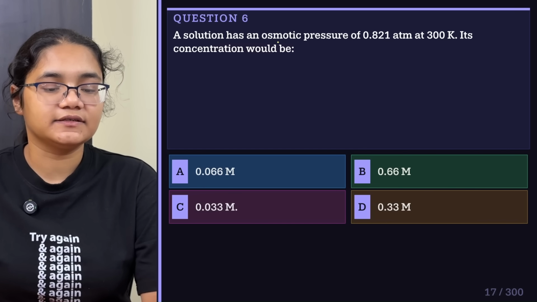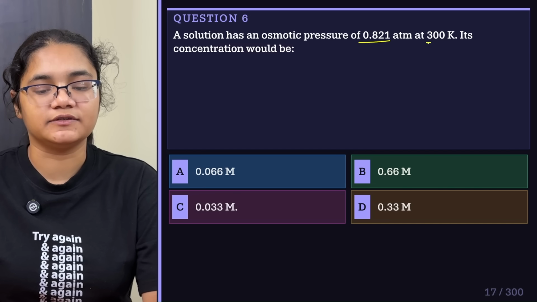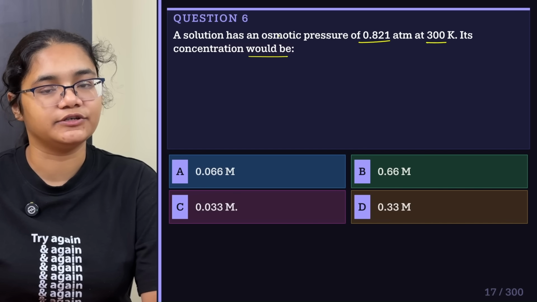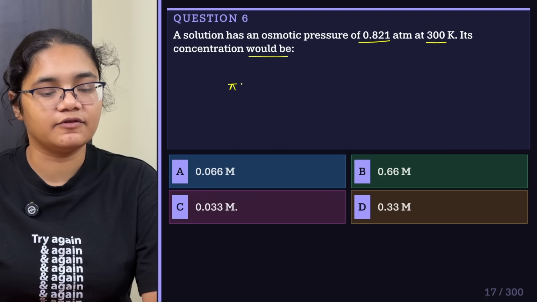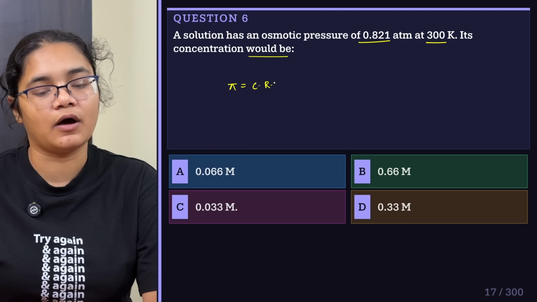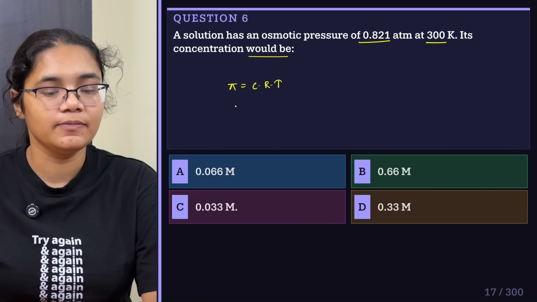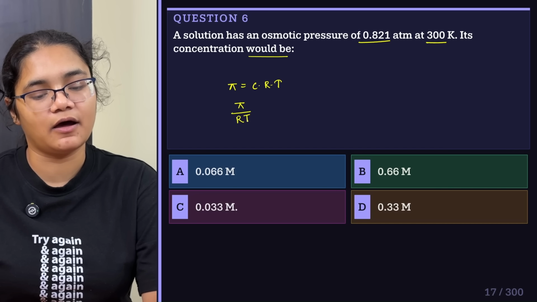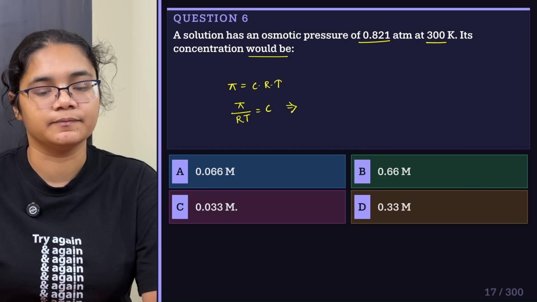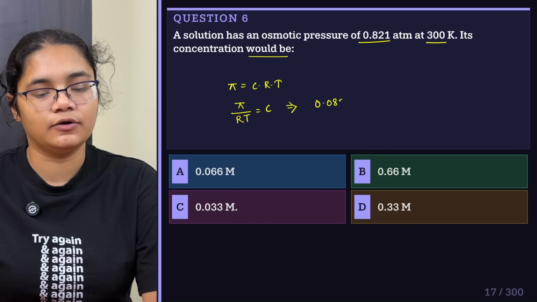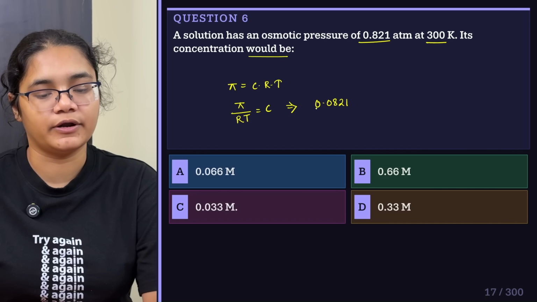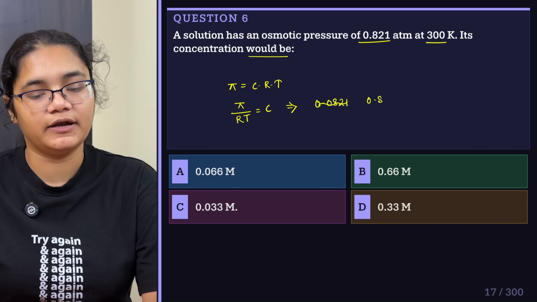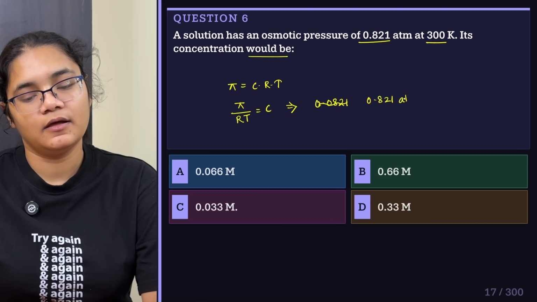Next, the solution has an osmotic pressure of this much at 300 Kelvin, its concentration would be. This is very simple. We have this formula, pi is equal to C into R into T, where C is molarity. So we want to find the concentration. That will be pi divided by R into T is equal to concentration. So pi is 0.821 atm, right?